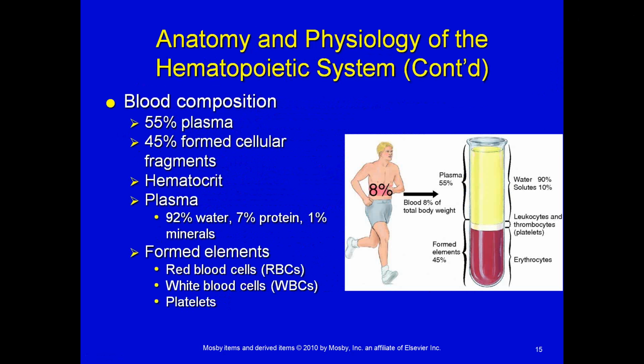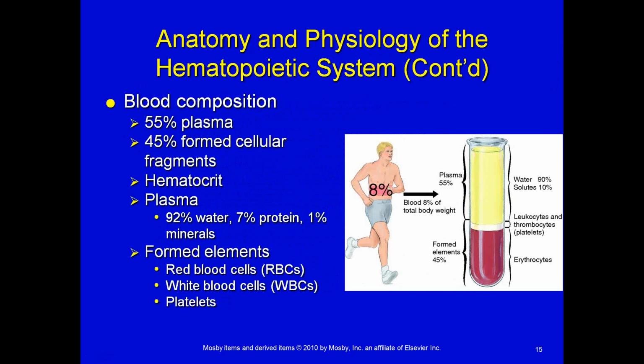Now, if we look at the composition of just what's in blood, we can see that blood is 55% plasma by volume, 45% formed cellular fragments, which include red cells, white cells, those sort of things. Blood makes up about 8% of your total body weight.